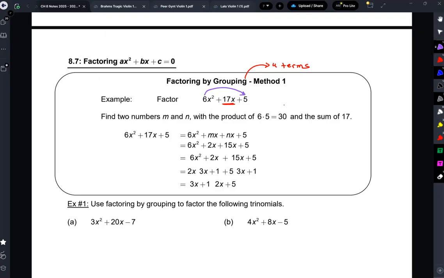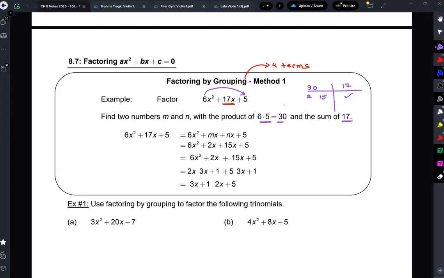So now what I want is 2 numbers that multiply to 30 and the sum is 17, that middle number, similar to what we were doing. So what are the factors of 30? Well, it's 1 and 30, 2 and 15, but hey, that one does add to 17.